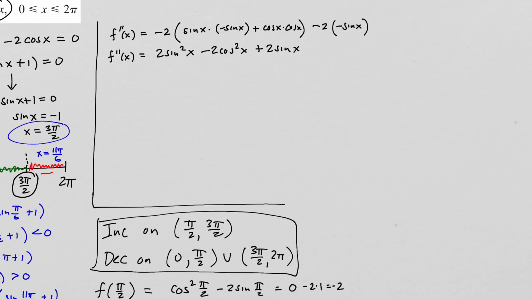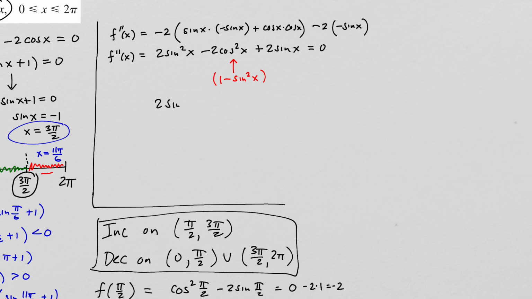So to figure out concavity, we have to take the second derivative now and set it equal to 0. All right, but solving this equation is tough because we have different trig functions. So what I'm going to do here is I'm going to change cosine squared to be 1 minus sine squared. That is a Pythagorean identity.